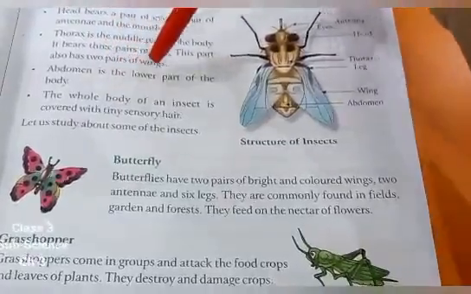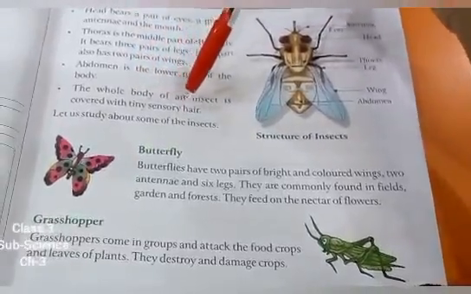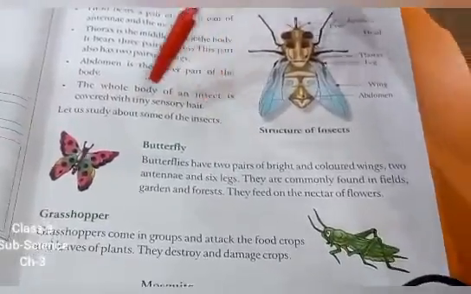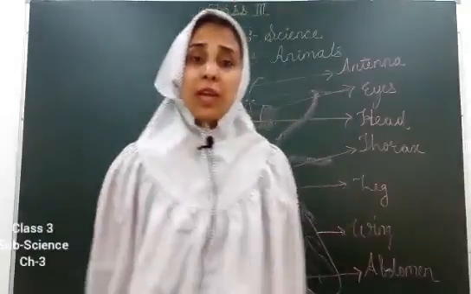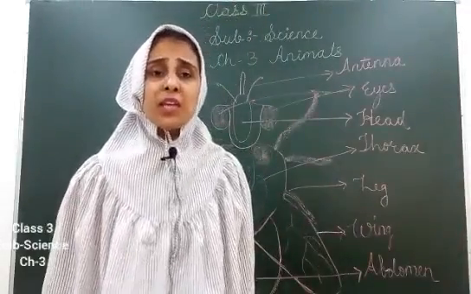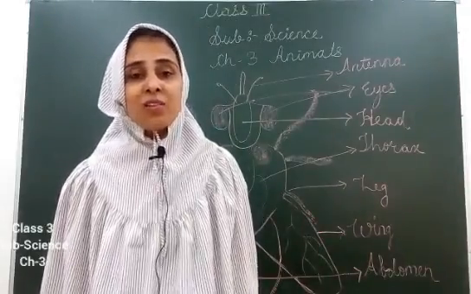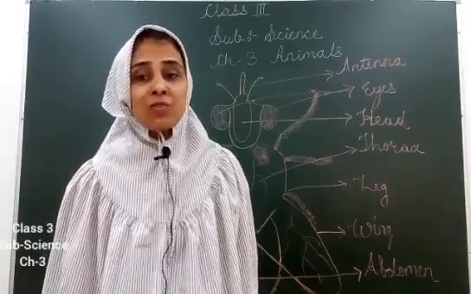Abdomen is the lower part of the body. The whole body of an insect is covered with tiny sensory hair. Let us study about some of the insects. Now in our world there are so many creatures like insects and some crawlings also. Okay, so we will learn about insects today.